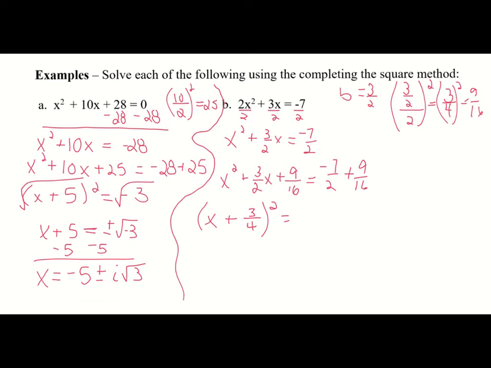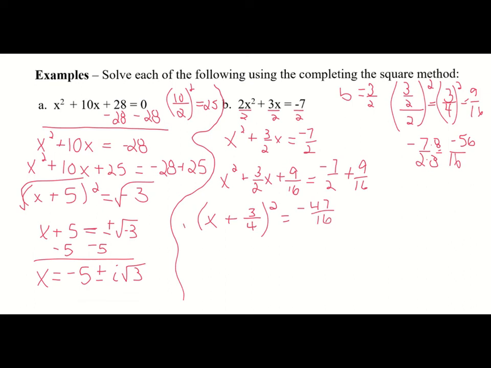To make it so I can add it to the 9/16, negative 7 over 2, if we turn it into a denominator of 16, we're going to multiply the top and the bottom by 8. Negative 7 times 8 is going to give me negative 56. So negative 56 plus positive 9 is going to give me negative 47/16. Again, not beautiful, but it's still doable.